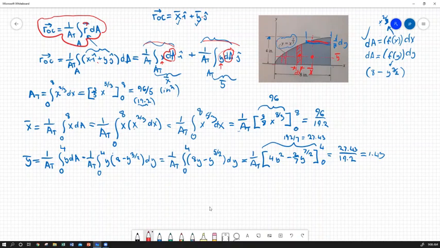So if you had to keep everything in terms of x, that's how you would do it. That's kind of a backdoor way of doing it. So you would be averaging the centroid of all the strips up over all the strips. Same concept, a little bit different way of getting at it, but it gives you the same answer. So that's what you do if you can't write one function in terms of the other.